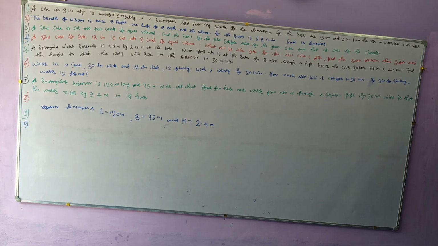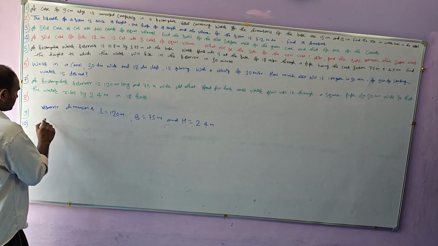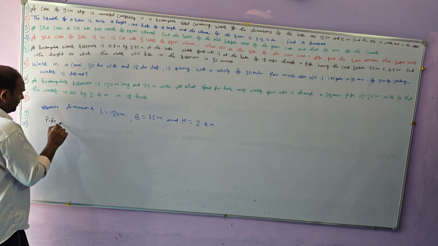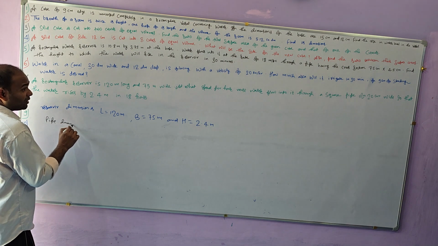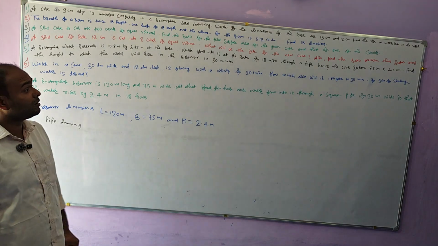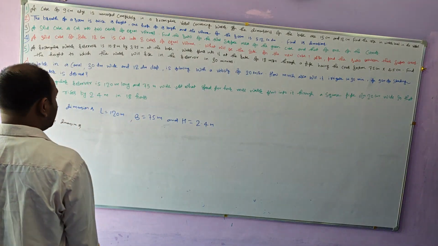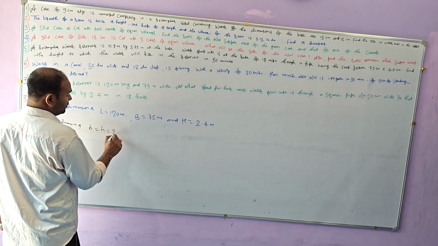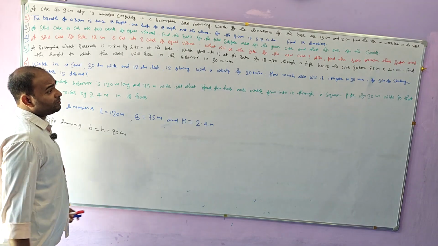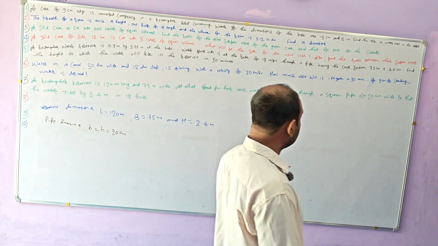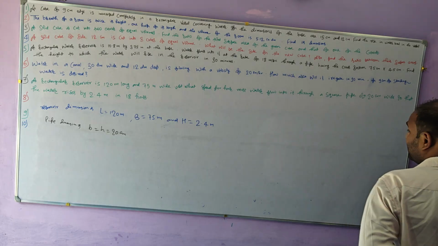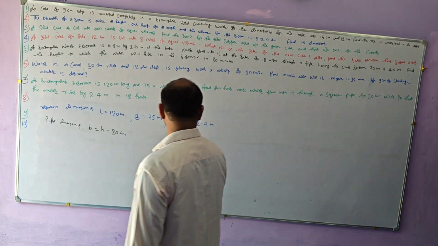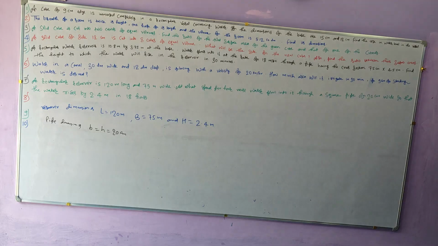And we have a pipe dimension that is a square pipe. The dimension is basically B is equal to H is equal to 20 centimeter, because it is square, so there is no change in dimension.